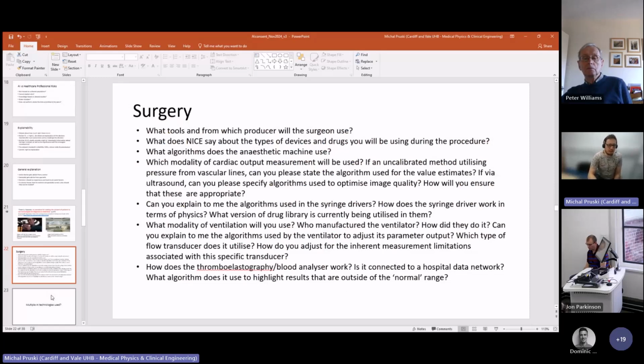And even syringe drivers often have drug libraries in them and are more automated than perhaps we think they are. Again, use of ventilators, the various modalities, the differences between manufacturers, transducers, they use algorithms with them, or even things like taking blood samples for analysis.